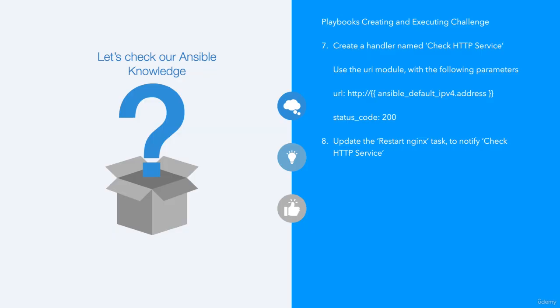We're going to use the URI module, and we're going to use a fact we covered previously to create a URL with the IP address for each possible host. If an HTTP request is successful, we would get back a status code of 200.